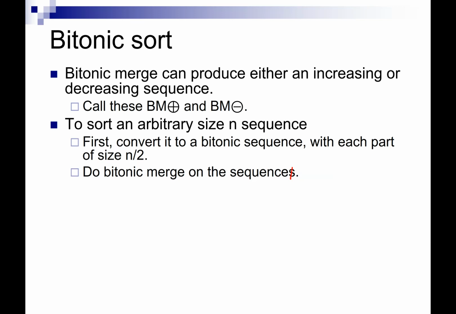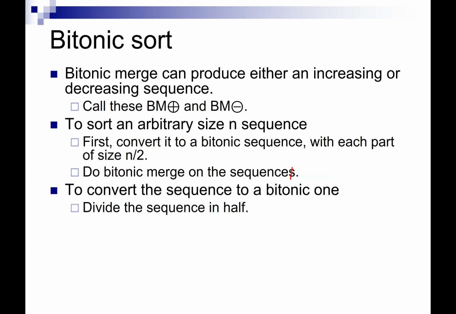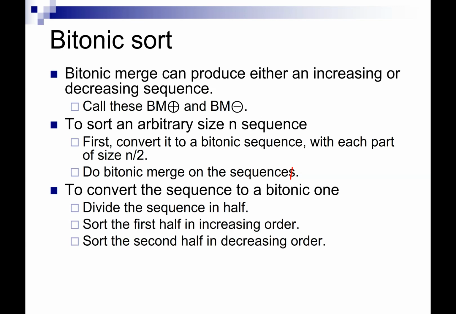Now, the only thing that we don't know how to do is how to take this arbitrary list and convert it into a bitonic sequence. To do that, we just take this list and divide it in half. Then you sort the first half in increasing order, and the second half in decreasing order. And now you have a bitonic sequence.